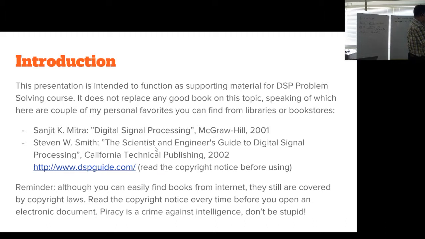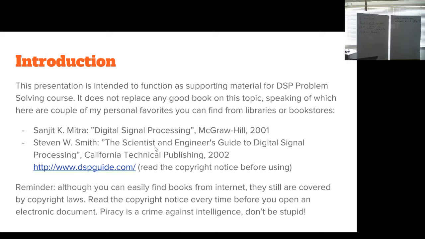That's a good book. If you find that one on the internet as a PDF, that's probably an illegal copy. Don't use those. But there's also a professor from Caltech, I think, who has actually given a PDF book for anyone's use for free.